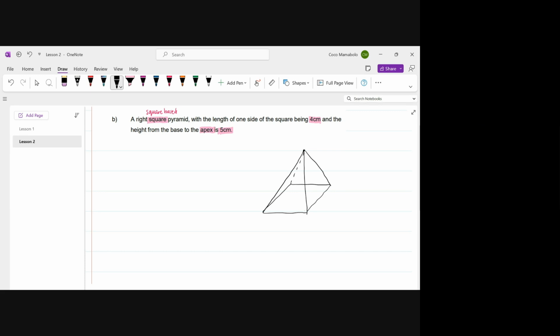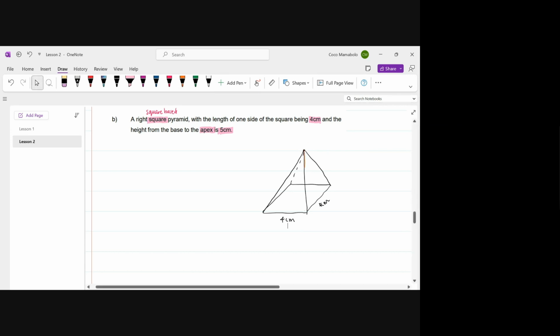So what we know so far from what we've been told is that this over here is 4 centimeters, 4 centimeters. At the back there, that will also be 4 centimeters, and that will be 4 centimeters. But it doesn't actually matter because this is a square base pyramid.